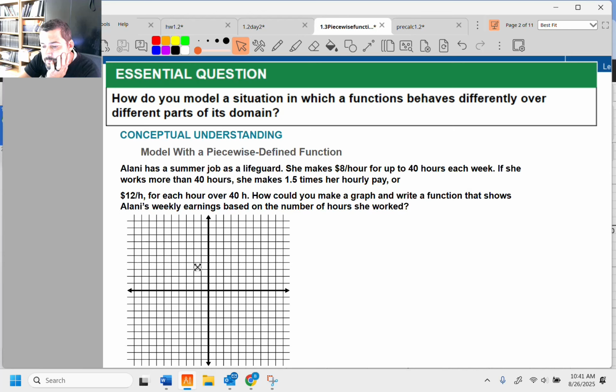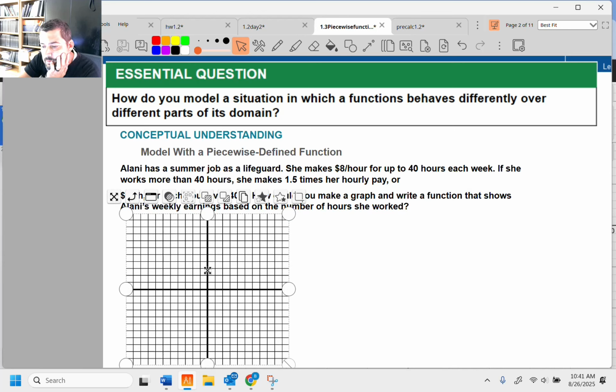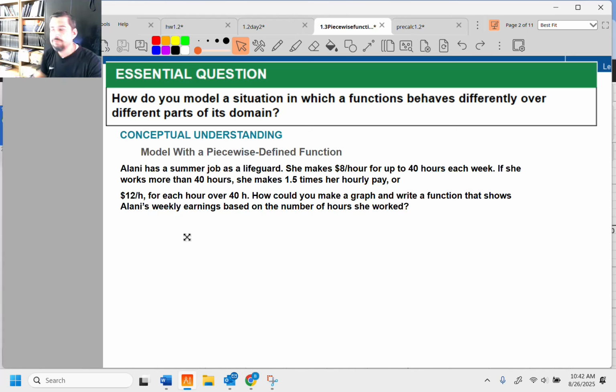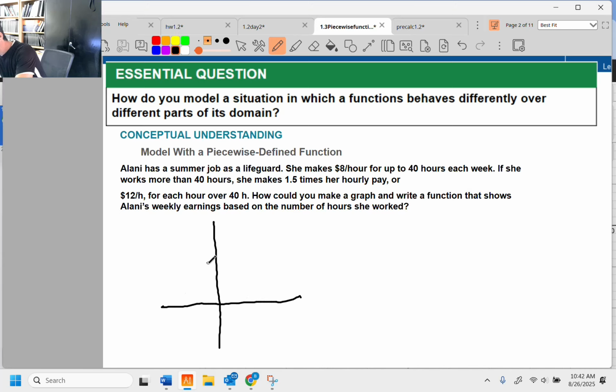Let's see here. Now, if we work 40 hours, that'd be 320 bucks. I'm going to do a freehand graph as opposed to being limited by the XY axis. So for every hour she works, let's do groupings of 5 hours.